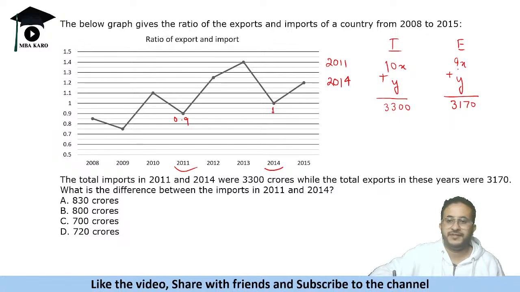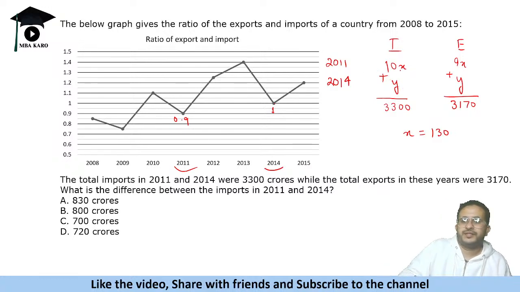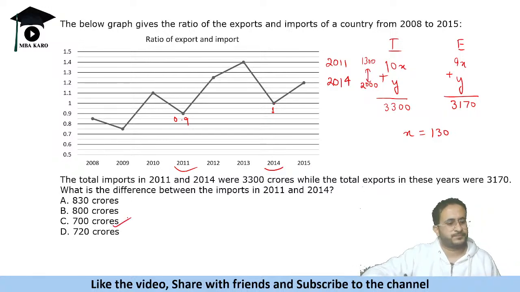So clearly we see that x is 130. So it says the difference between imports in 2011 and 2014. So we need to find y also. We need to find the difference between 10x and y. So x is 130. So 10x will be 1300. And then this should be 2000. The difference between them is 700 crores.